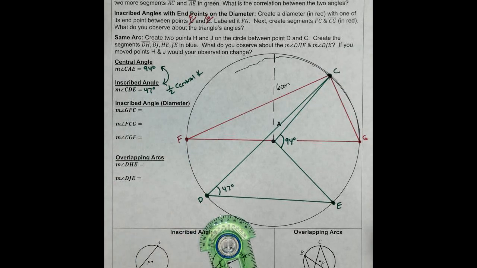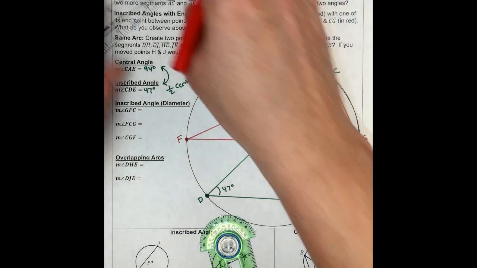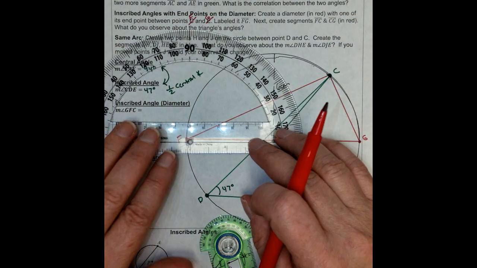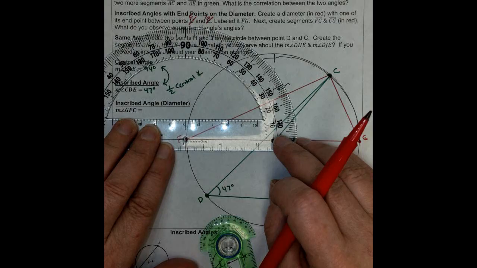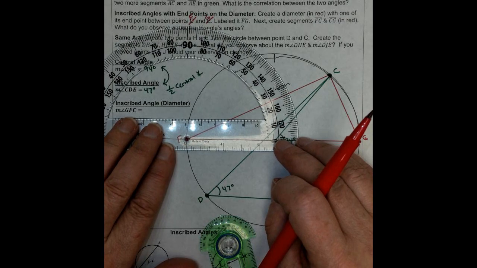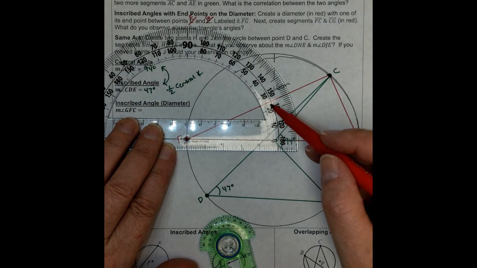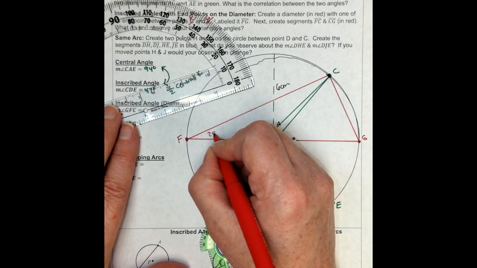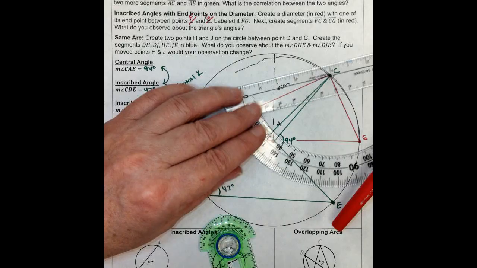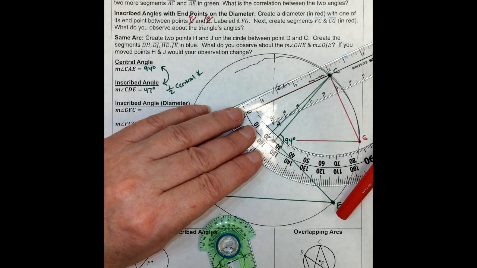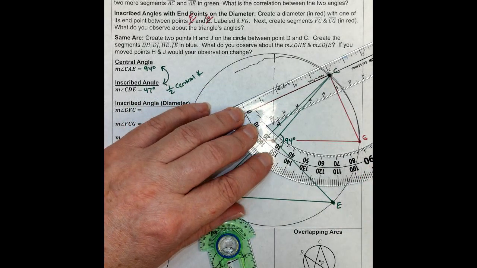If I take a look at this, let's measure these guys. So if I measure angle F here, I'm sitting at 25. If I go over here and measure angle C, oh, look at that.